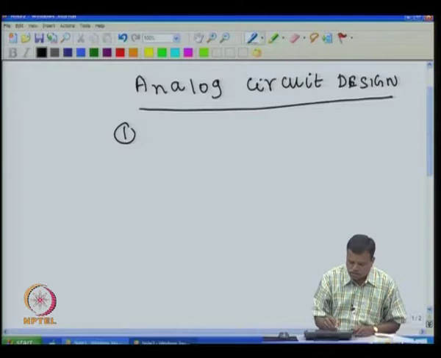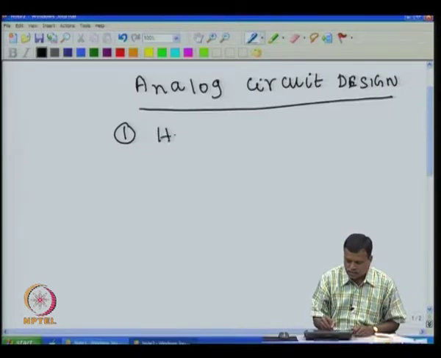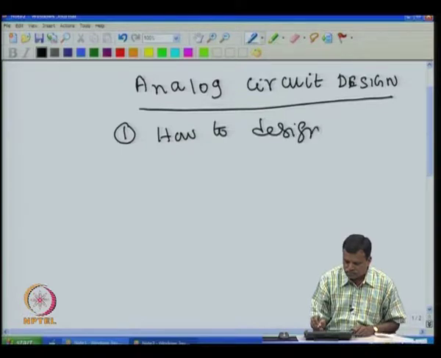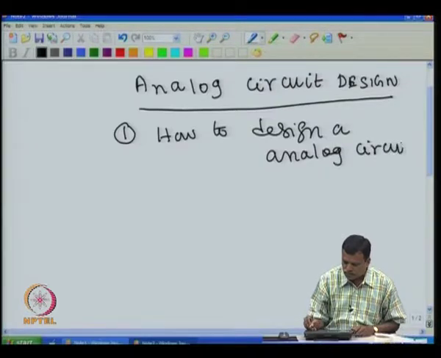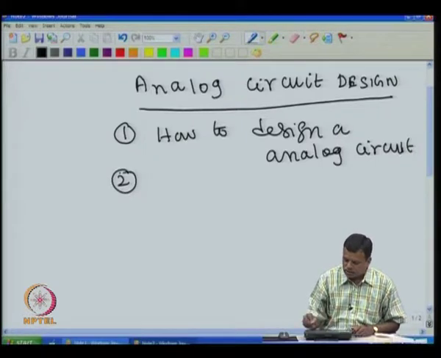One is how to design an analog circuit, and then the second aspect is we will also concentrate on the so called error budgeting.